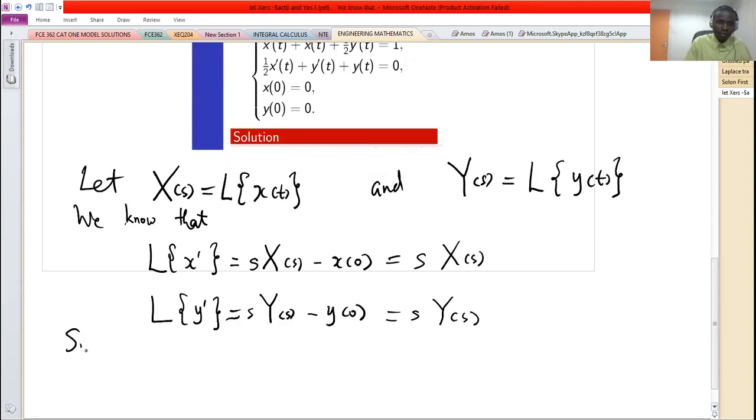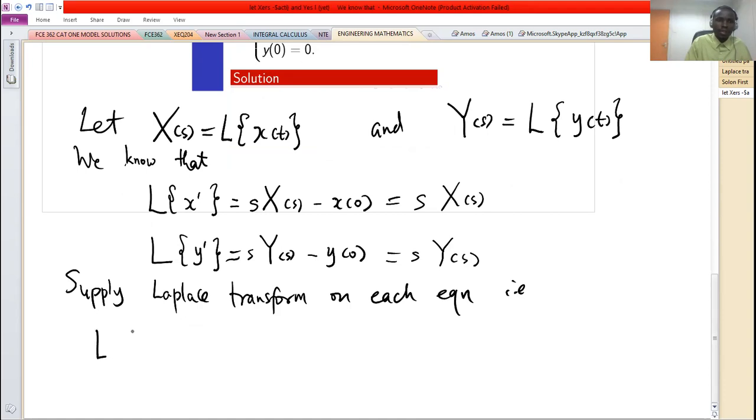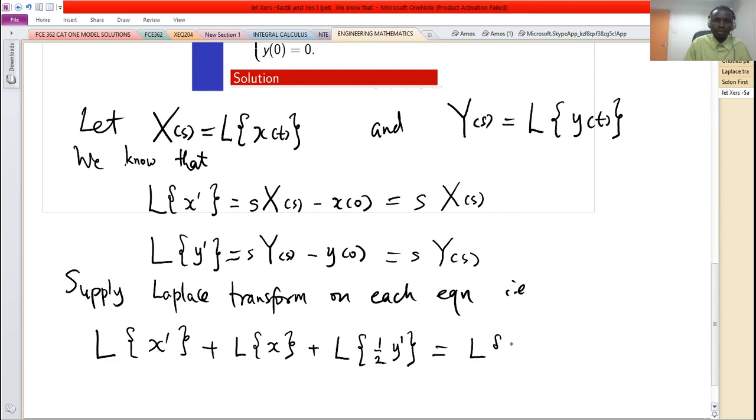Then apply the Laplace transform on each equation. So I'll say the Laplace transform of x prime plus the Laplace transform of x plus the Laplace transform of a half y prime equals the Laplace transform of 1.